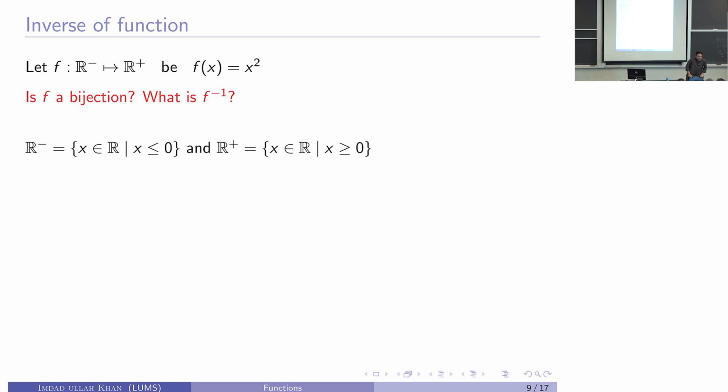Generally speaking, because f of 1 is equal to f of negative 1, f of 3 is equal to f of negative 3. The square of 3 is equal to the square of negative 3. But in this case, 3 and negative 3 both cannot be in the domain, only negative 3 is part of the domain, and positive 3 is not. So, in this case this function is one-to-one, but is it onto also?